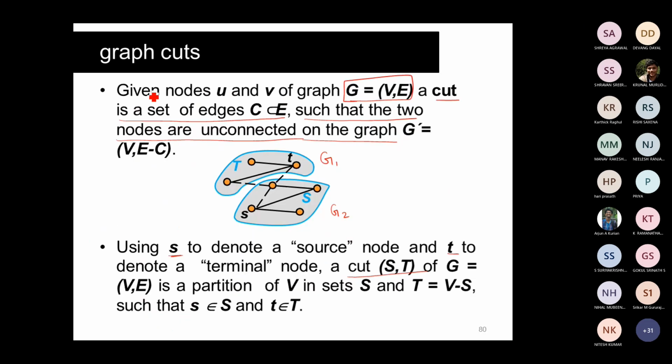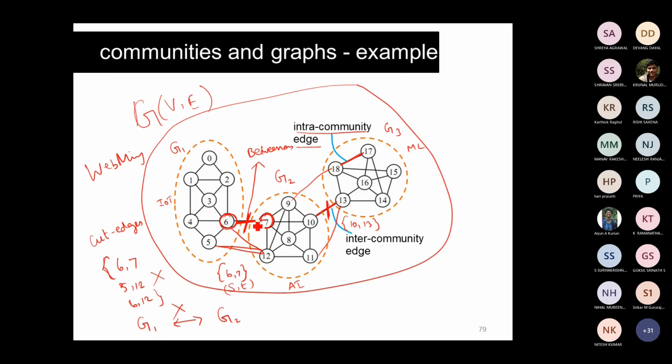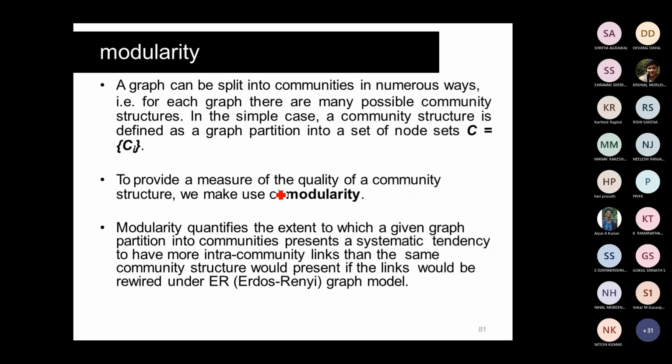That is what the concept of graph cut is. This is a very important concept. It is not only one edge. There is no such condition. There can be several edges. That is nothing but cut edge sets. This is one set, this is two sets, this is three sets. That is called cut edges.